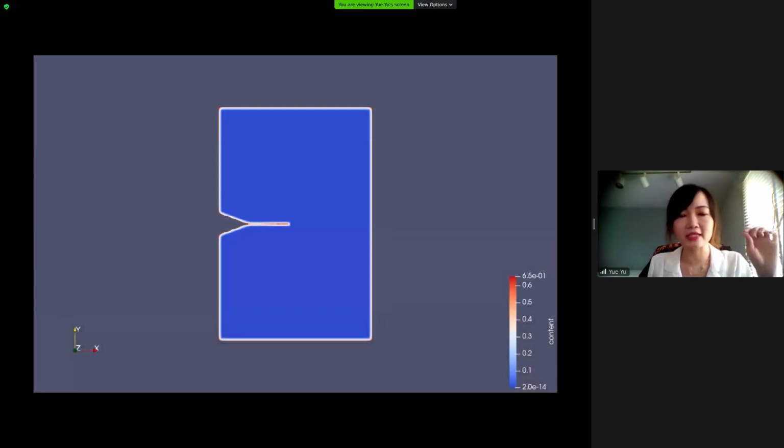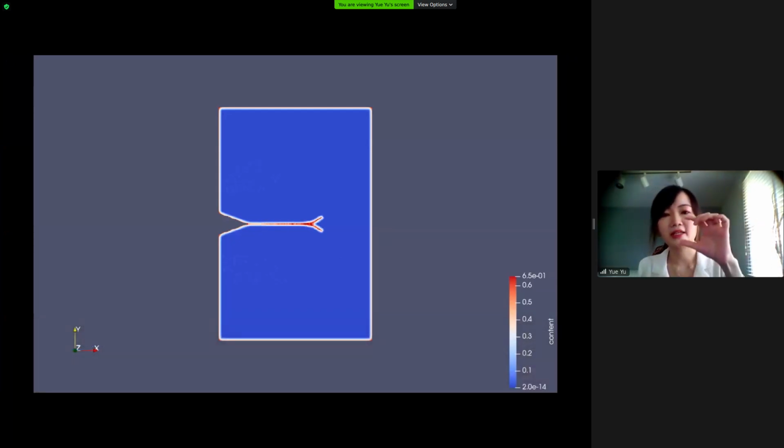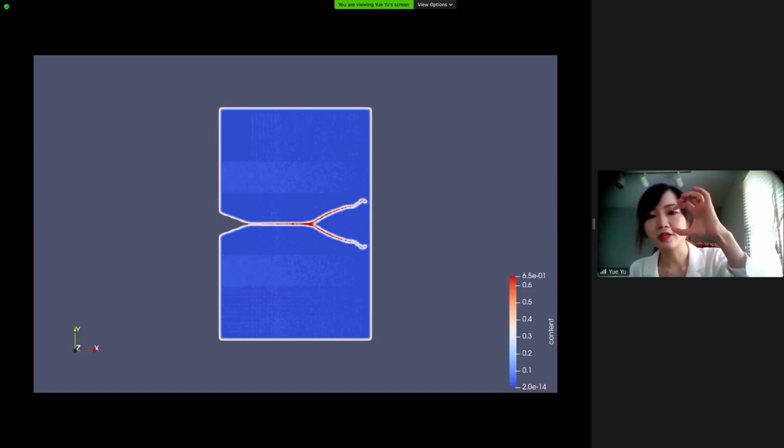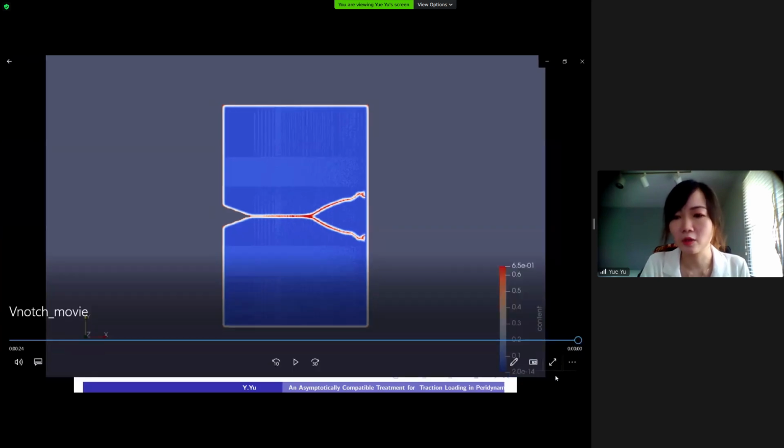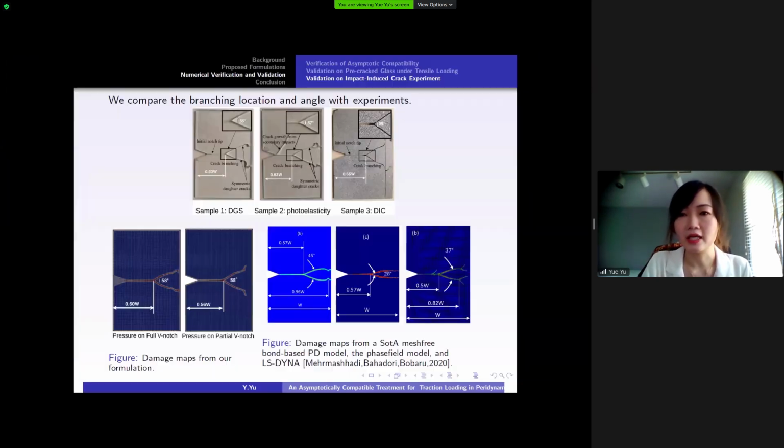We can see that the crack initiates, and then the crack propagation speed reaches its maximum when it goes to bifurcation, and finally it gets lower. It also gives us the wrinkle when it gets closer to the right-hand side, and this wrinkle was also observed in all the experimental samples.